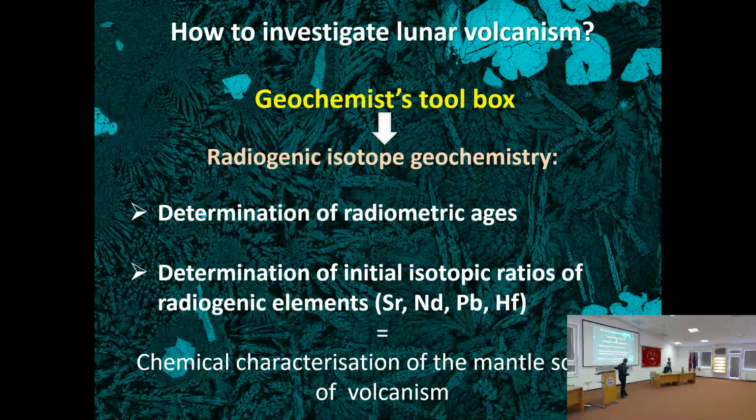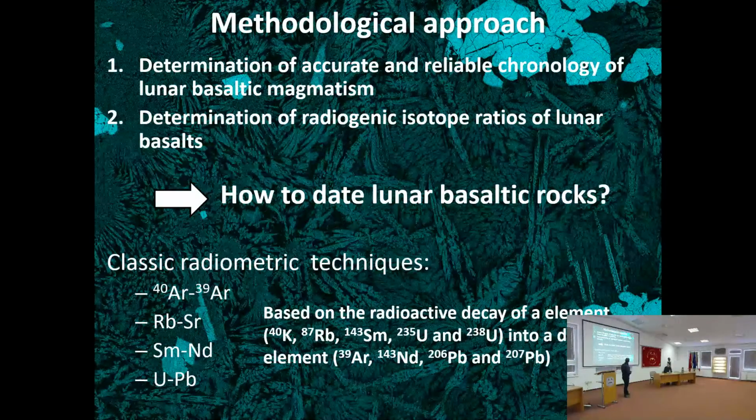Because that is the way we can chemically characterize the mantle components. So we have a pretty straightforward methodological approach. We determine accurate and reliable ages for the lunar basaltic volcanism, and we determine initial isotopic ratios for the lunar basalts, like we would do for terrestrial basalts.